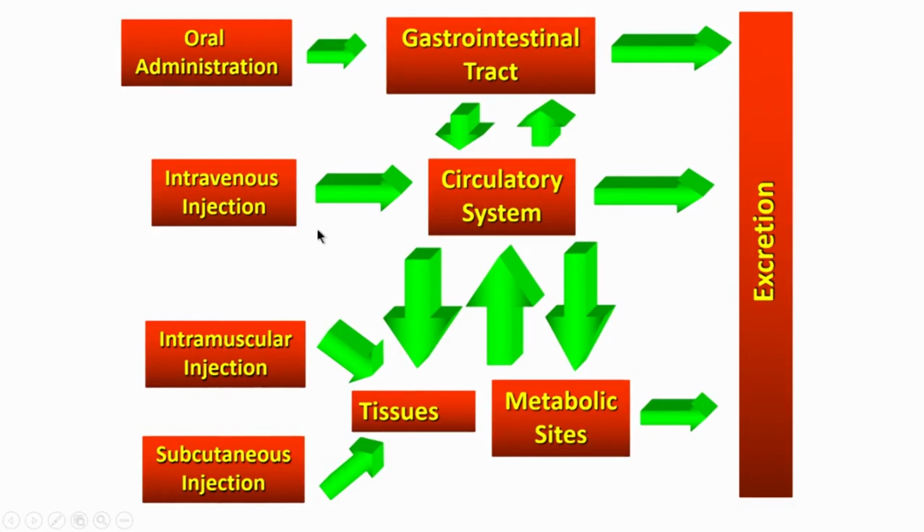This is again a complex graph, but essentially depicting what was depicted in the last figure. You can take the drug through several routes, and these are not the only routes that we are limited to, there are several others, but these are some of the major ones. You can take the drug orally. Once you take it orally, it is going to go into the gastrointestinal tract, basically your stomach and intestine, and from there it can either get excreted or it can get absorbed and go into the circulatory system, which is basically blood.